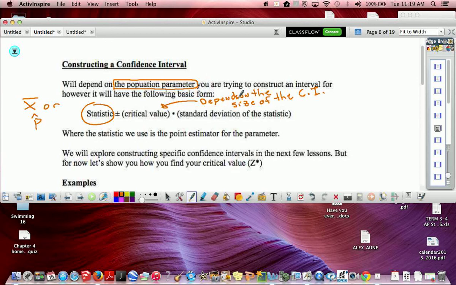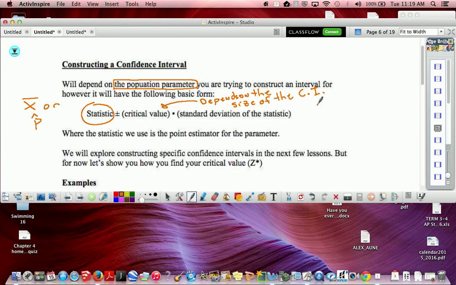Because as we saw a little bit yesterday, if I go 68% versus 95% versus 99%, the interval gets bigger as the percentage you want gets bigger. So this critical value will help determine that.